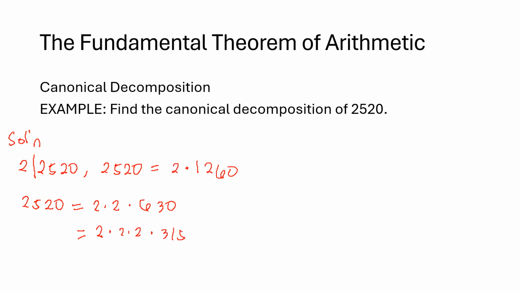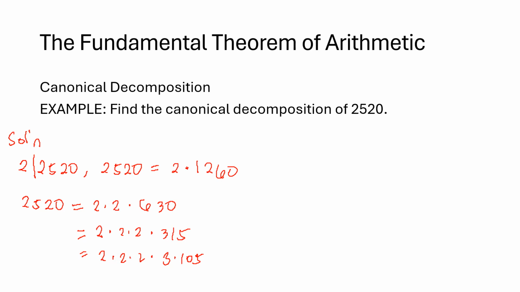Now, as you can see, 315 is not divisible by 2, but it is divisible by 3. So in other words, we could have 2 times 2 times 2 times 3 times 105. Now, 3 is a factor of 105.